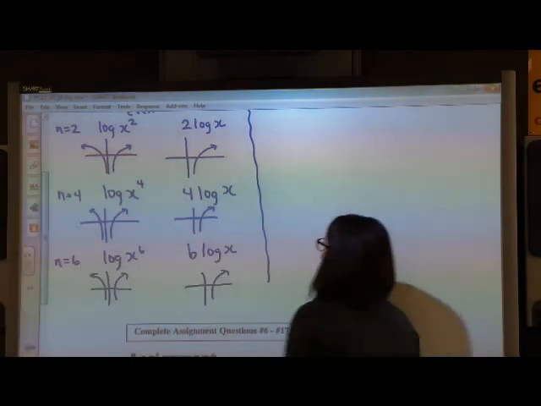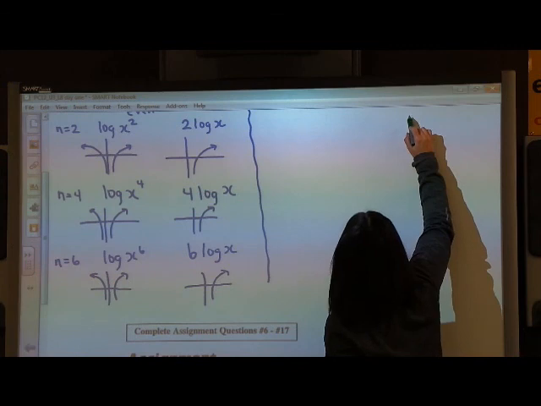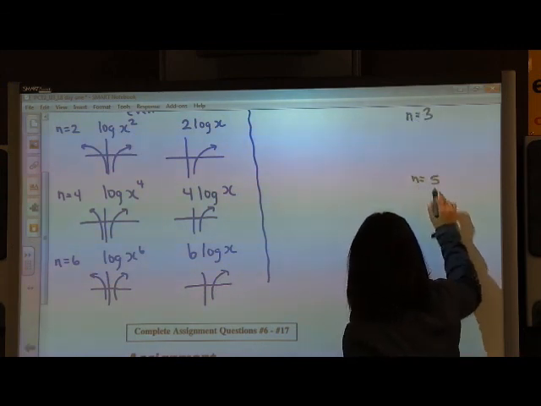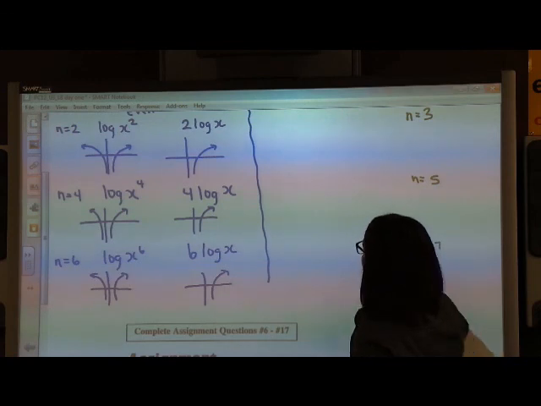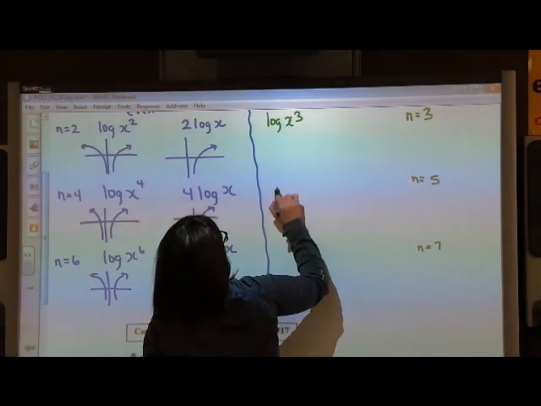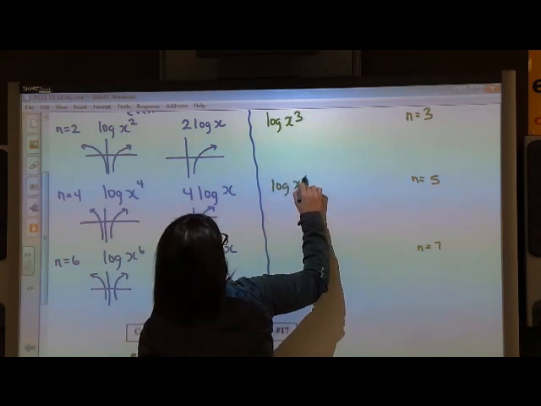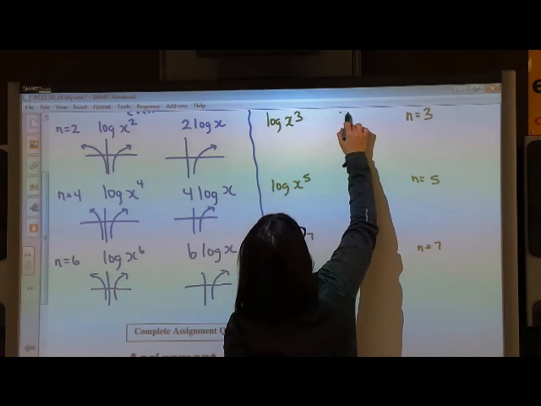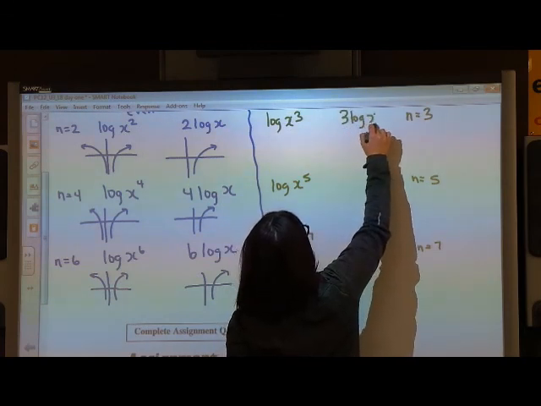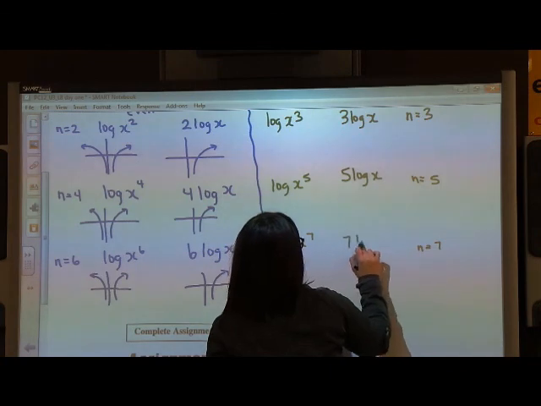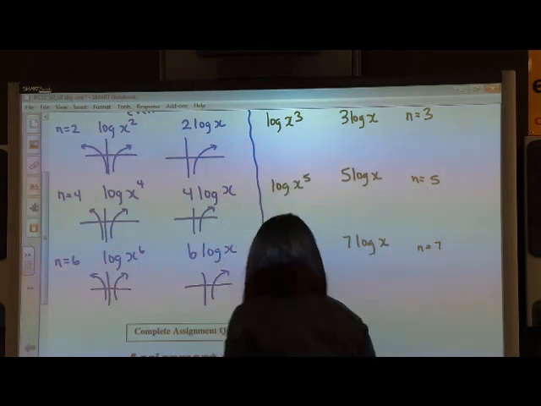Again, I'll give you a couple of moments, and I want you to figure out if n equals 3, 5, and 7. So log x cubed, log x to the power of 5, and log x to the power of 7, and 3 log x, 5 log x, and 7 log x.